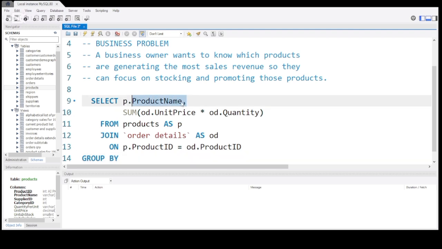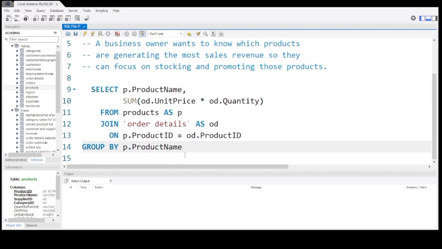If you have any other column there, you're going to group by everything that we have there. And since we are looking for the highest revenue, we're also going to order by this.